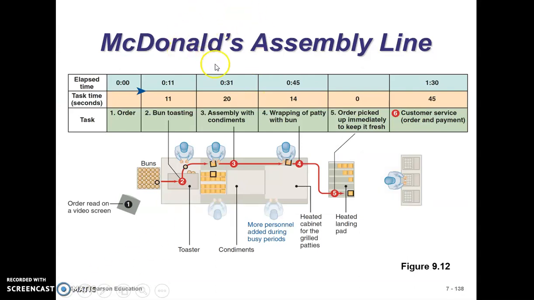Okay, this is an example of the assembly line of McDonald's. So the first step is order. The second step is bun toasting. Until the next step, until they reach this step. So customer service and order payment. So this is how the product will be assembled.